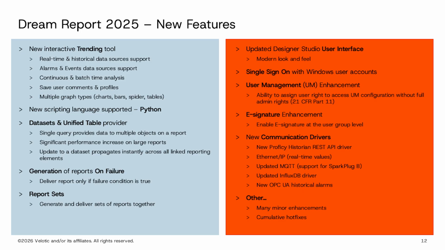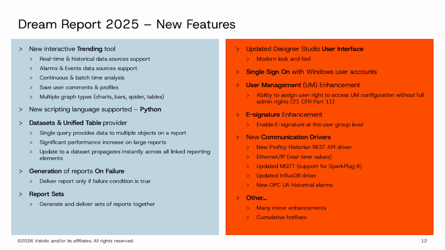Another add-on and companion tool that works with Simplicity to provide reporting is Dream Report. Dream Report will be released at the end of 2025, the latest version, and will feature some significant new capabilities, especially a new interactive trending tool.